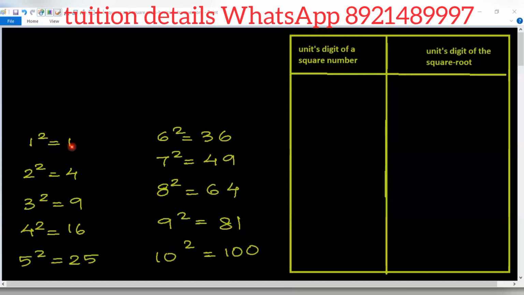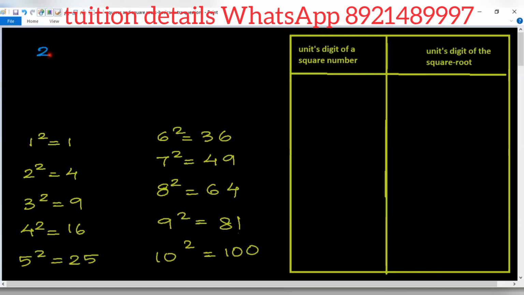See here, it ends with 1, it ends with 4, this square number ends with 9, this ends with 6, this ends with 5, and here this ends with 6, this ends with 9, this ends with 4, this one ends with 1, and this one ends with 0, with an even number of zeros. See, we cannot see 2 at the units place of a square number. So 2 will not be there.